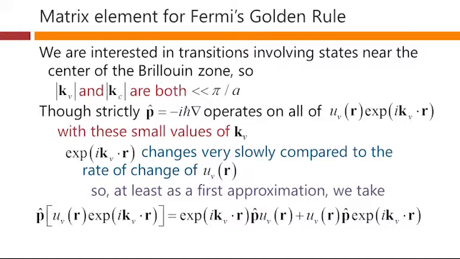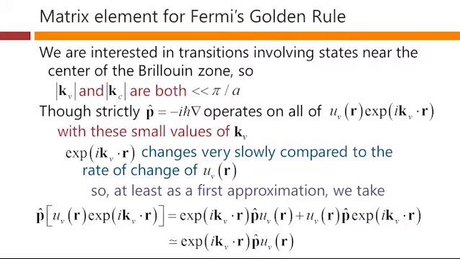So when we take this derivative, taking the derivative of the unit cell function and the propagating wave that's part of the Bloch function, the quantum mechanical wave, then of course we should get two terms. We should get the term that comes from the momentum operator operating on the unit cell, multiplied by the e to the i k_v dot r, which we could take outside. And then the other part is the unit cell function times the momentum operator operating on this e to the i k_v dot r.